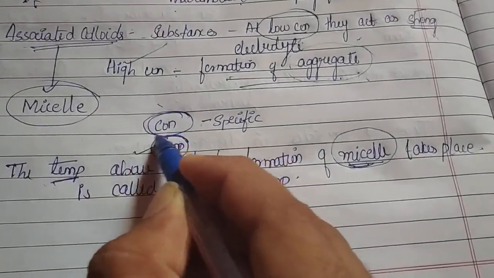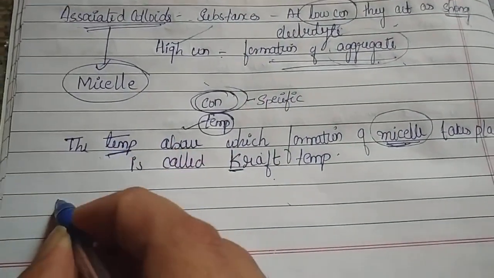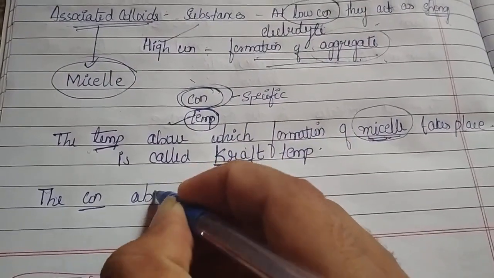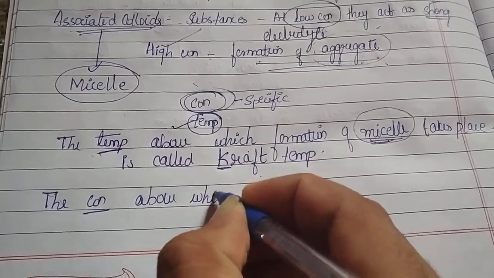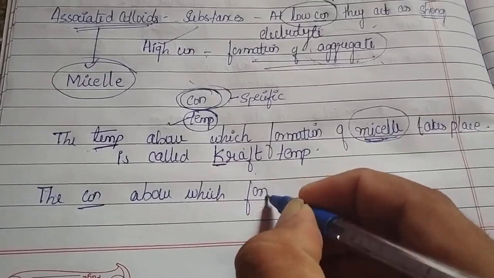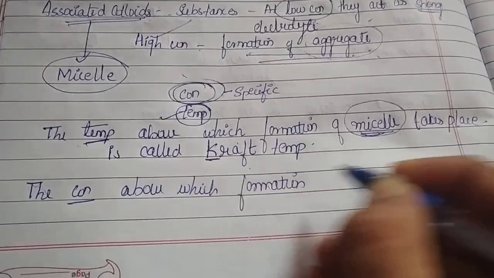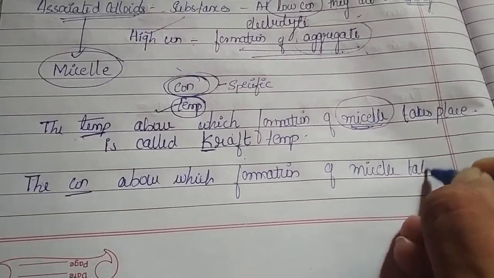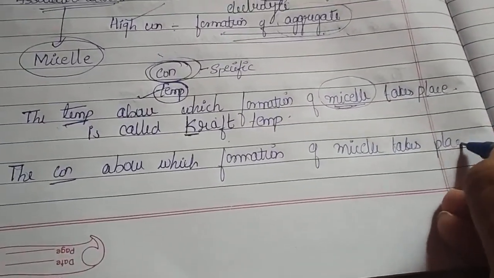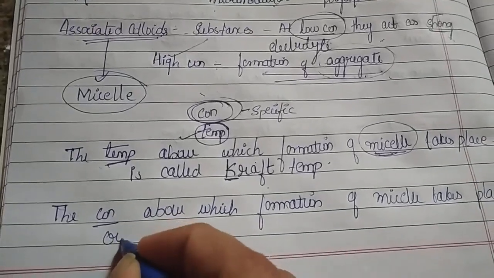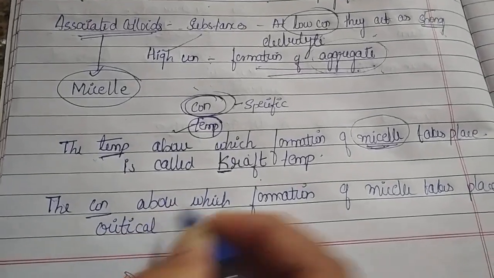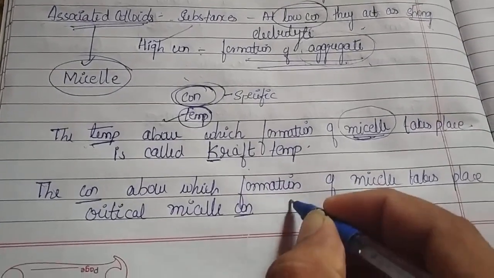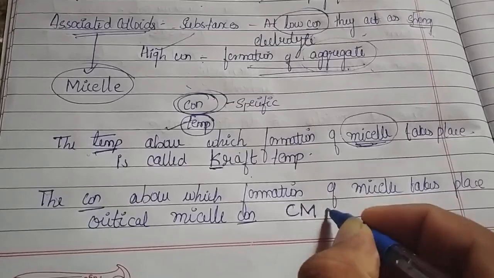Of course, we have dealt with temperature. Then what to say about concentration? Do remember, the concentration above which formation of micelles takes place. That is called critical micelle concentration. In simple words, we can also use it as CMC.